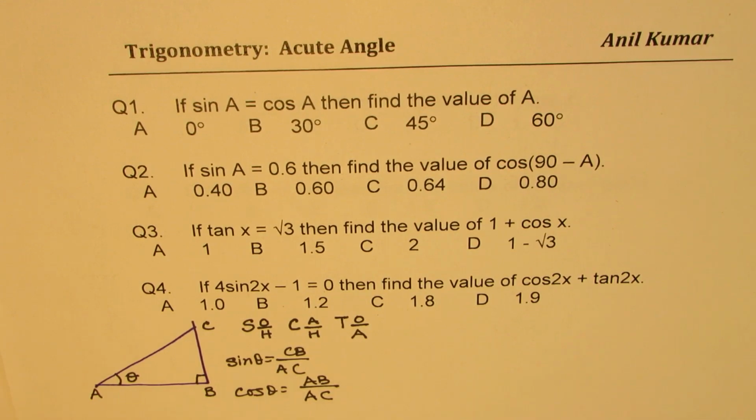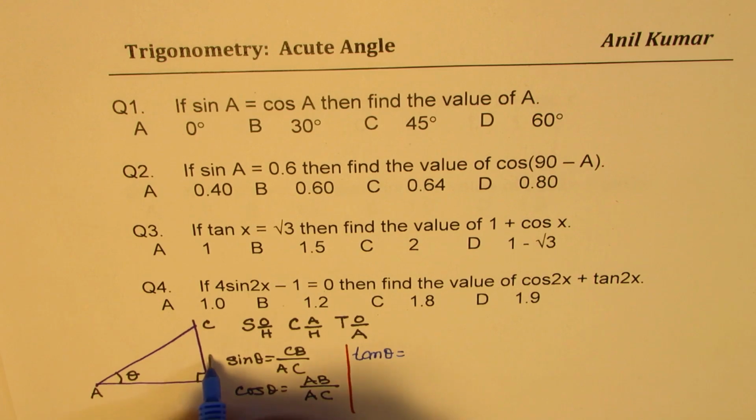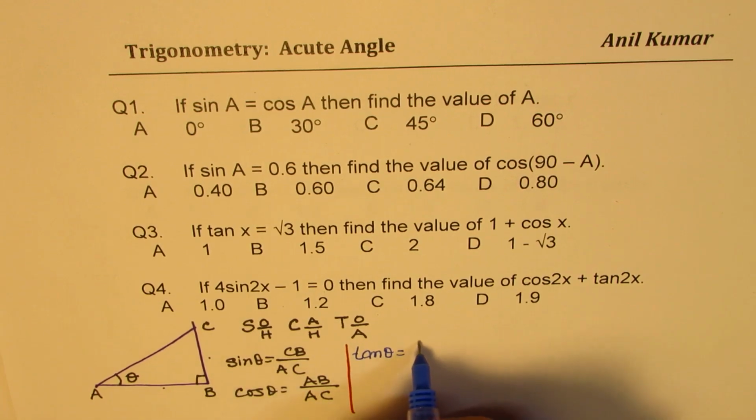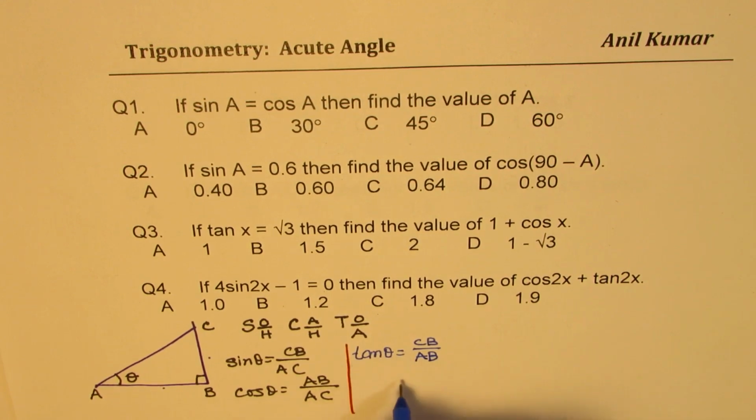Now tan ratio is ratio of sine and cosine. So let's see how tan ratio looks like. Tan theta is equal to opposite over adjacent, which is CB over AB. Now tan is also equal to sine theta over cos theta. So it's the ratio of sine theta and cos theta, right?